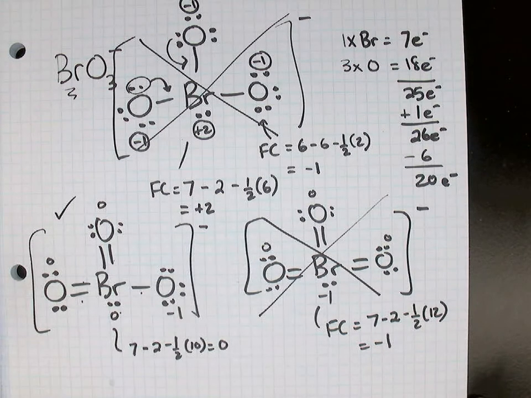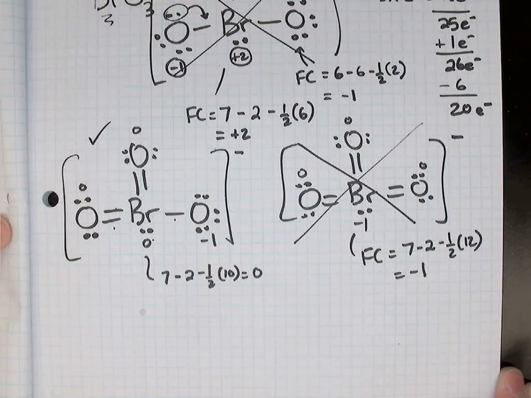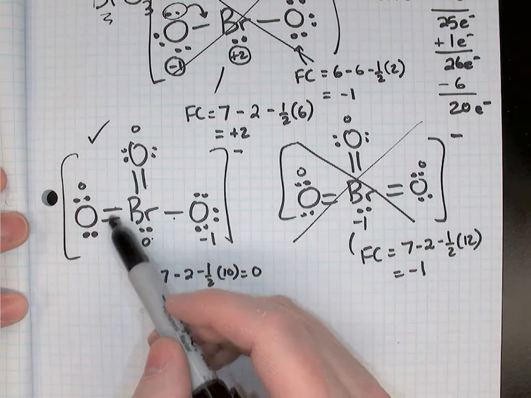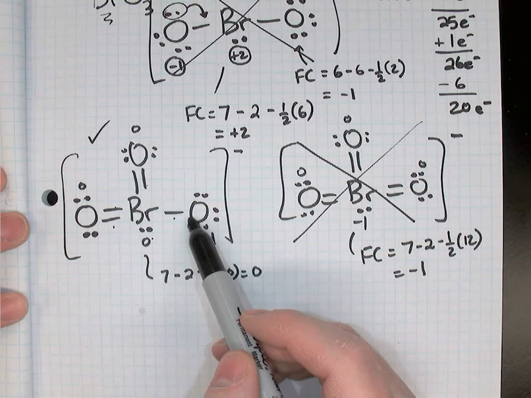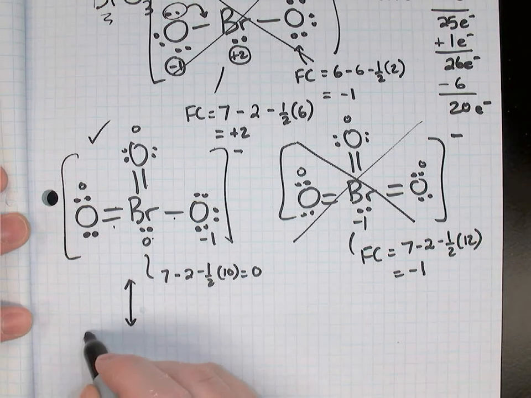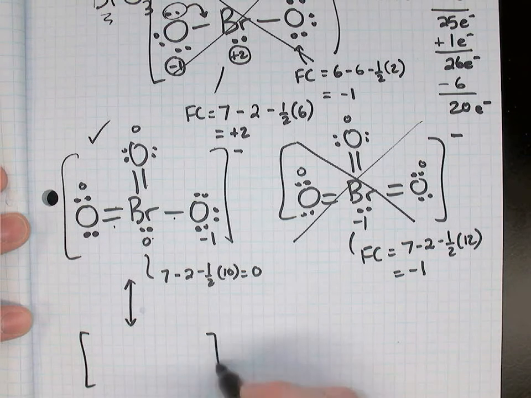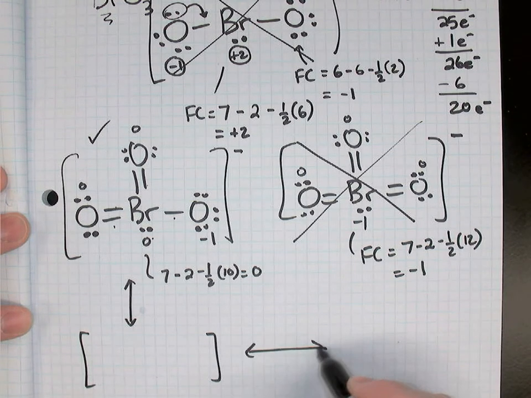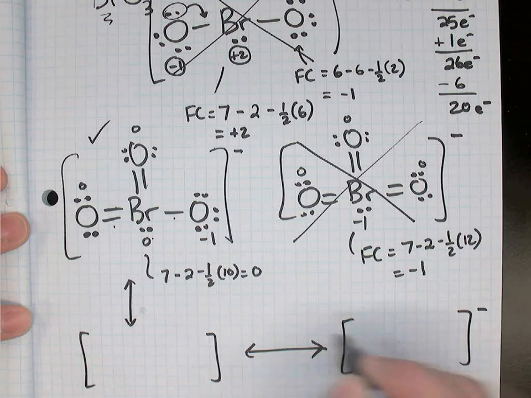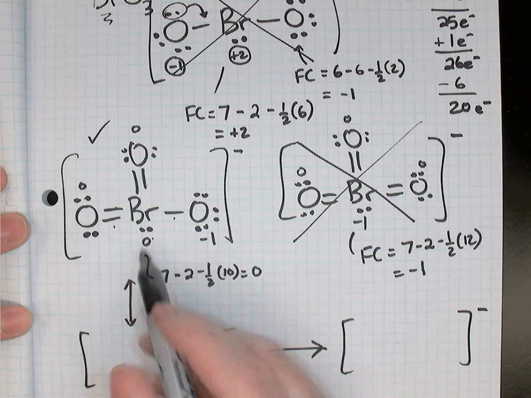for the bromate ion. Now notice, though, that there's 2 double bonds to oxygen and 1 single bond. If you think about that for a minute, you'll realize that there are actually going to be 3 contributing resonance structures that are equivalent to that. There's no reason to have these 2 bonds be the double bonds and this one be the single.